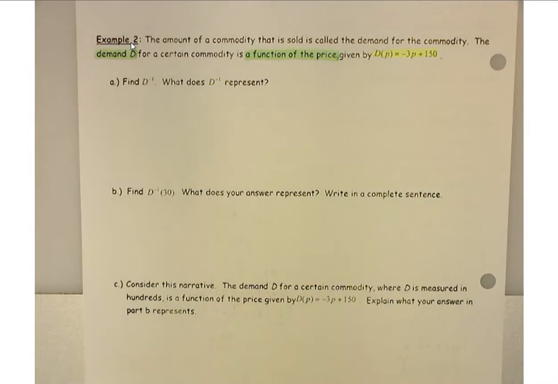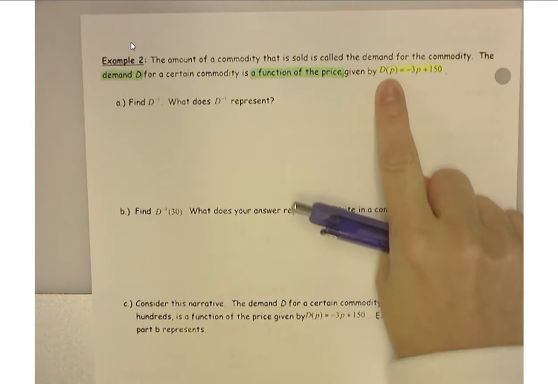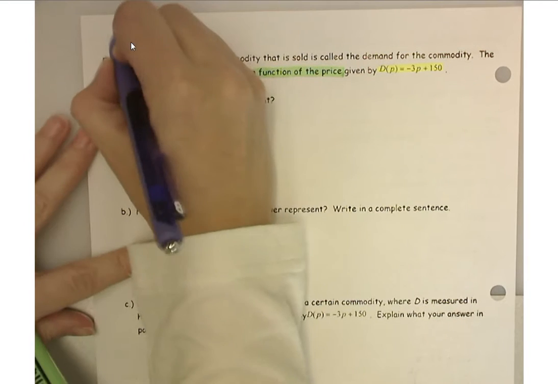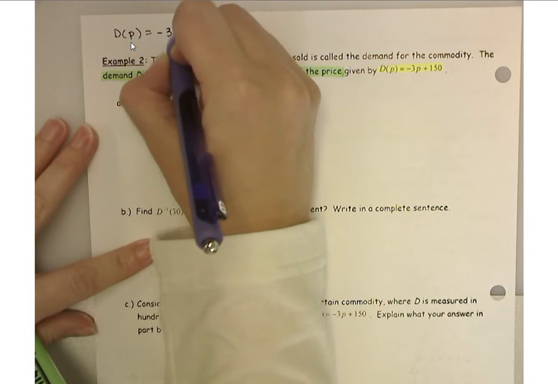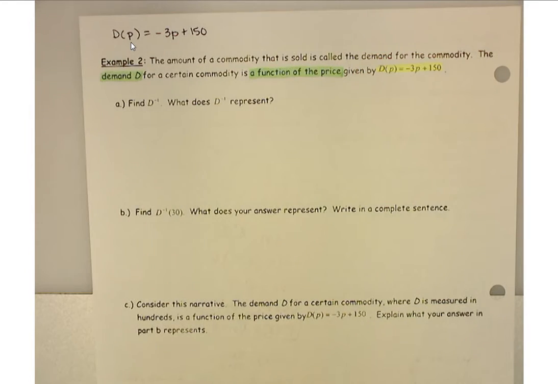So one thing we want to focus on here is it tells you the demand D is a function of the price, which is what we have set up. We have D of P. I want to make sure that we understand a few things about the equation before we get started. When you look at an equation, you can automatically identify what the output and what the input is.